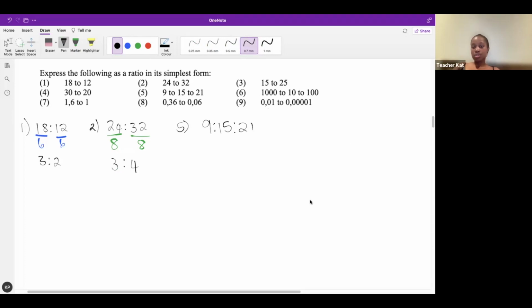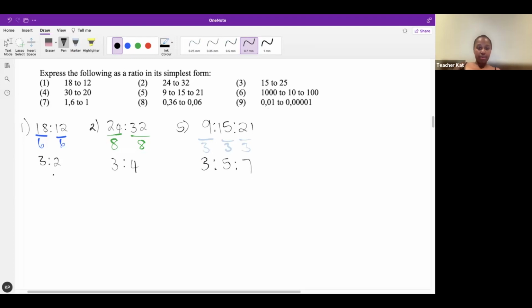What is the number that goes into all three of them? 3. It is 3. So I'm going to divide all of these by 3. And then my ratio, 9 divided by 3 is? Nice. It's 3 to 5 to 7.